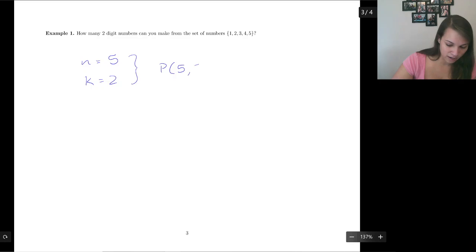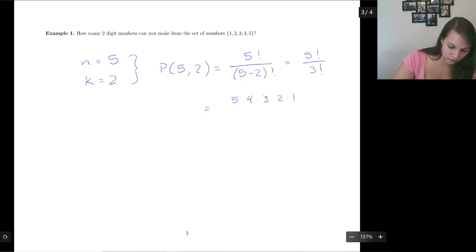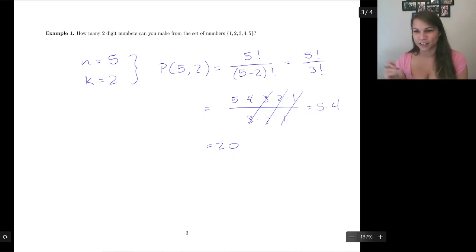So we have P(5,2), which is going to be 5 factorial over 5 minus 2 factorial. And then that's going to be 5 factorial over 3 factorial, which is just, if you don't see it, I'll write it out just to make sure. That's just 5 times 4 like we had before. And so we get 20. So we're still getting the same things.